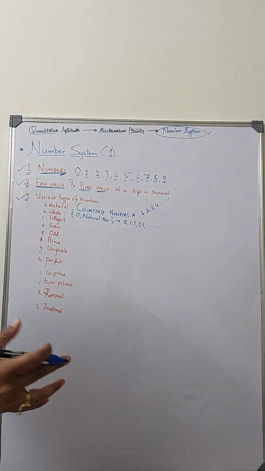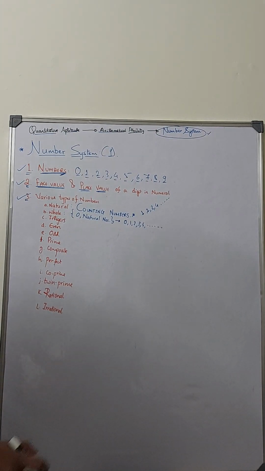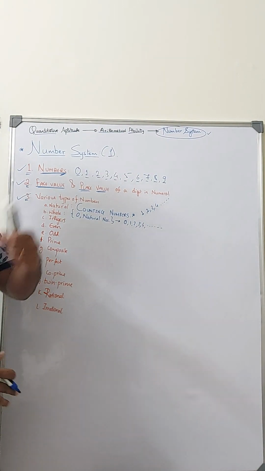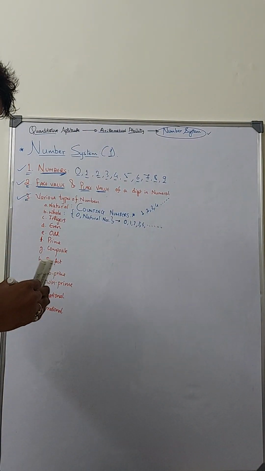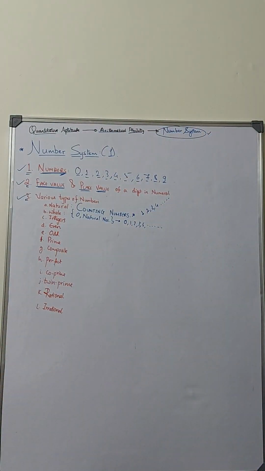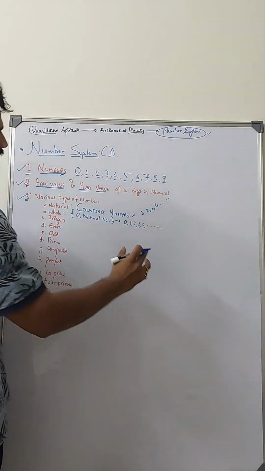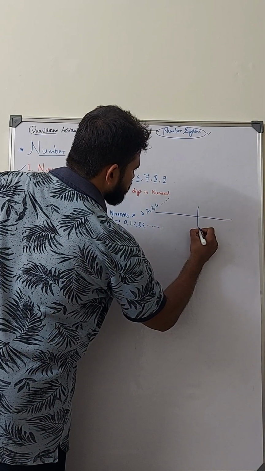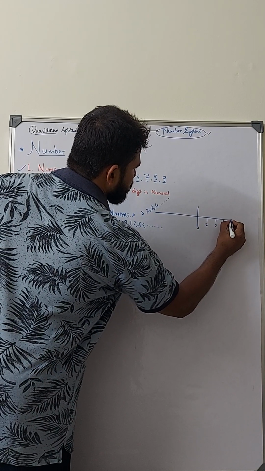It's not any logic, but just to remember. Natural has a no, so it doesn't have 0. So natural starts with 1, 2, 3, 4, and so on, 5, 6, 7. You can go to infinity. Similarly, for whole numbers, it will be starting from 0. 0 is included. On the number line also I will be showing. So natural numbers 1, 2, 3, 4, 5.